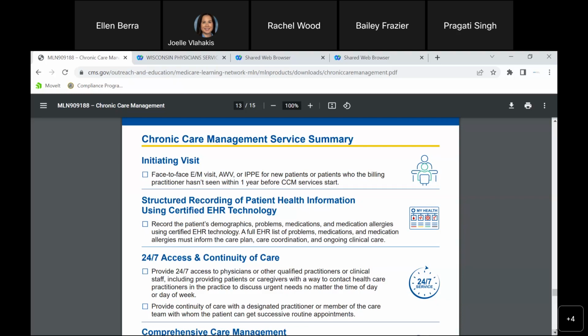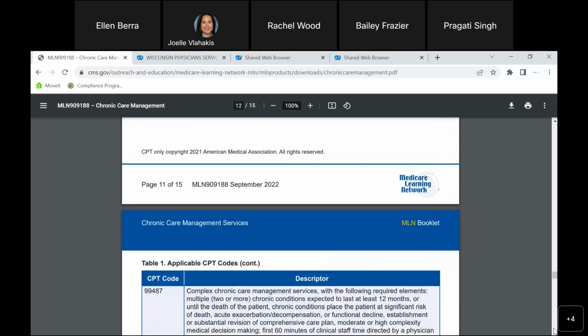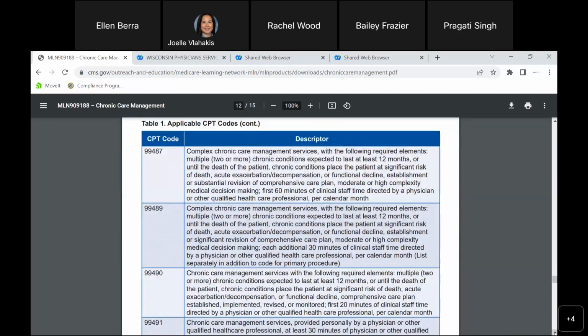And then the next question that we had, a pre-submitted question, was can we elaborate on the procedure codes 99487 and 99489? Let me go back up in our document so we can get to those. 99487 and 489 are complex chronic care management services.